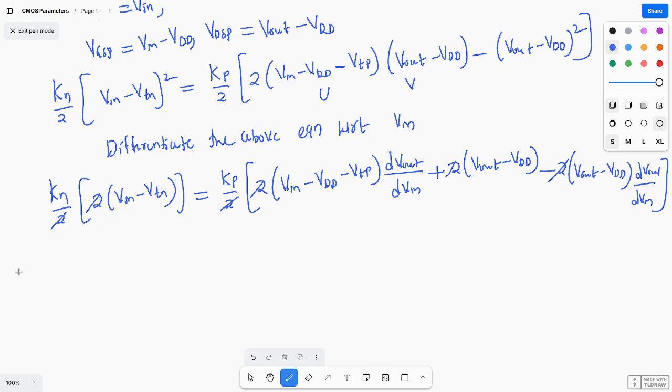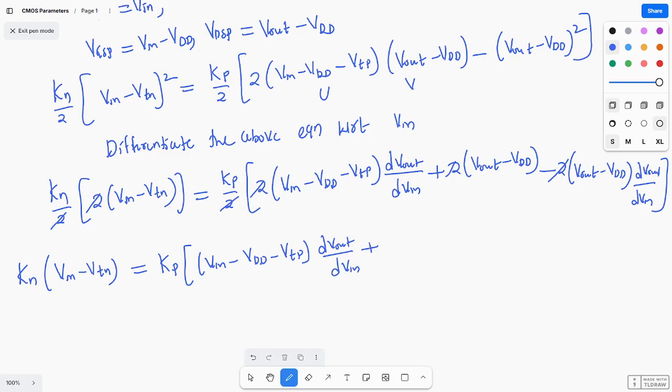So once again I am writing Kn into (Vin minus Vtn), that is equal to Kp into (Vin minus VDD minus Vtp) into dVout by dVin plus (Vout minus VDD) minus (Vout minus VDD) into dVout by dVin.